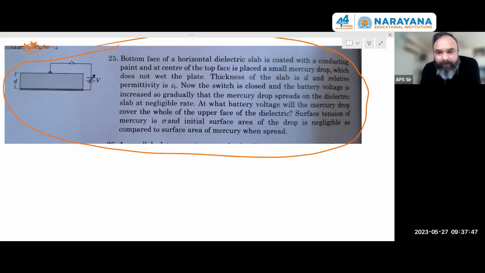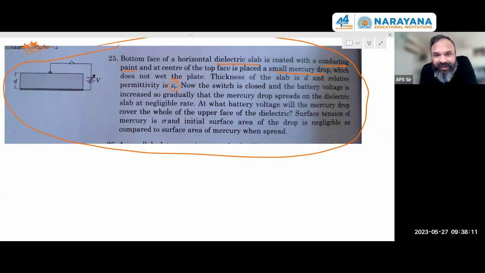Bottom face of a horizontal dielectric slab is coated with a conducting paint, and at the center of the top face, I have got a small mercury drop, which does not wet the plate. Thickness of the slab is d and relative permittivity, so dielectric constant, is given.